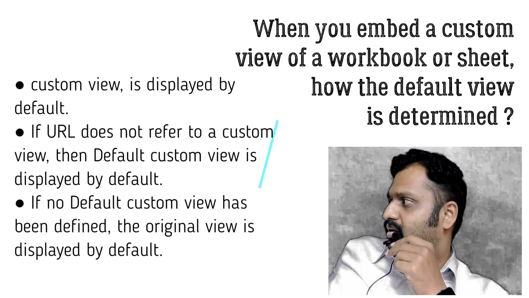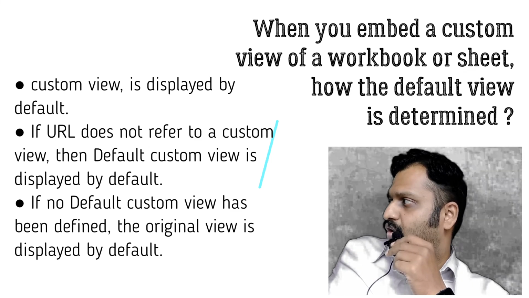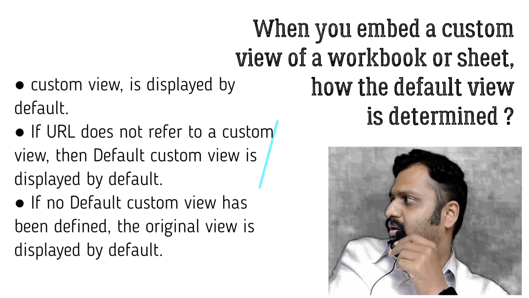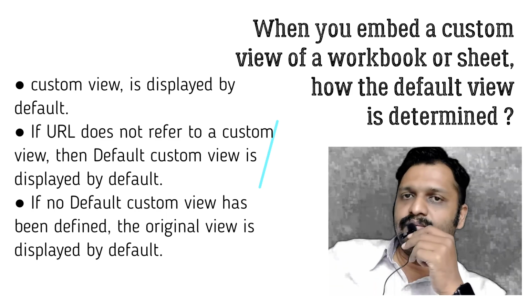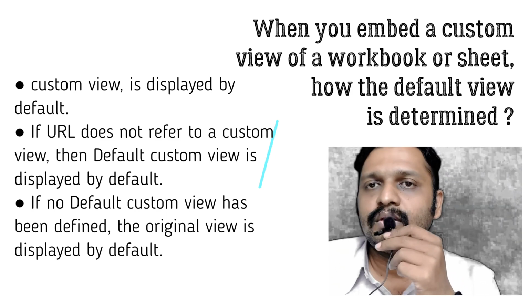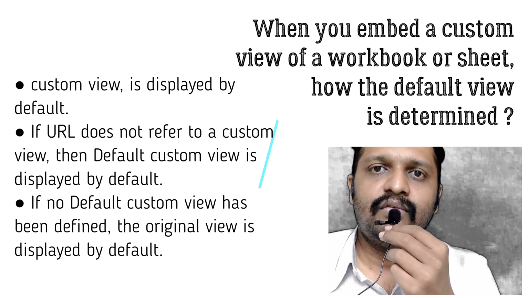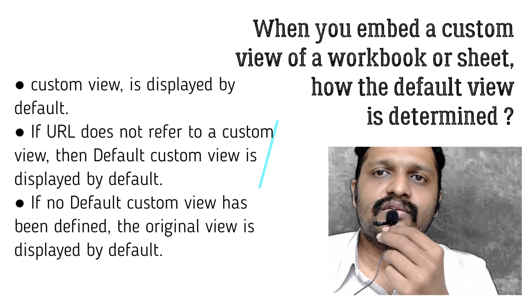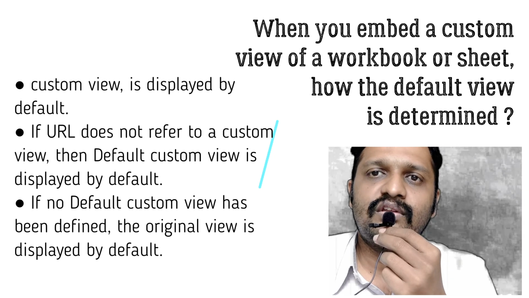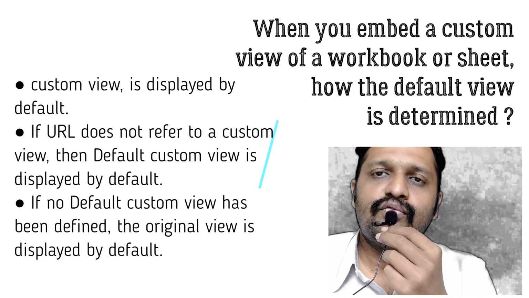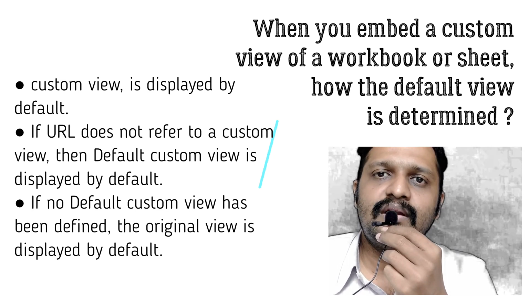When you embed a custom view of a workbook or sheet, how is the default view determined?